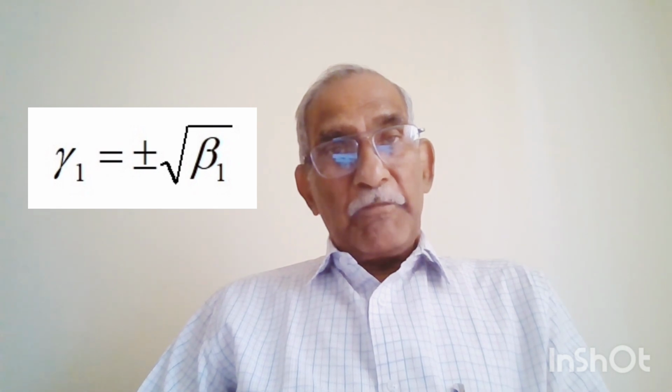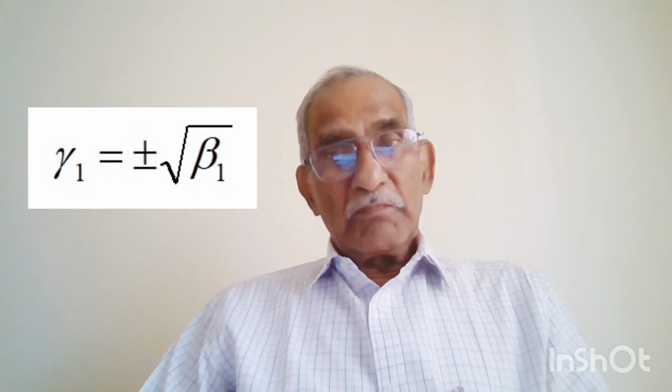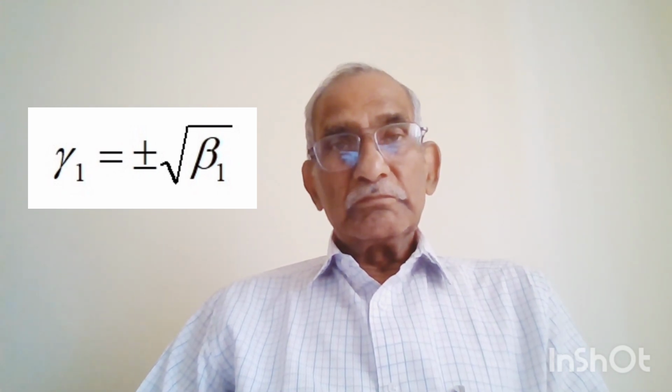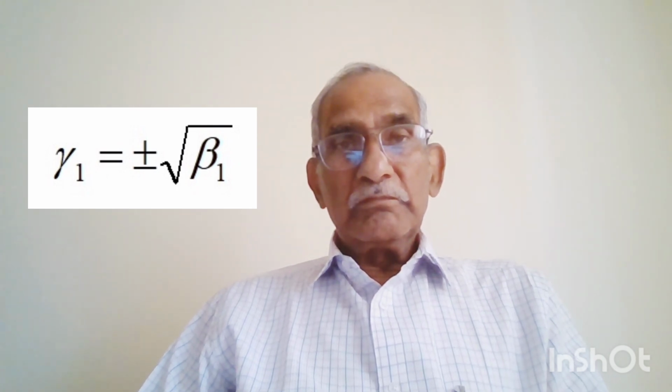We take positive sign in gamma 1 if mu 3 is positive, and negative sign if mu 3 is negative.